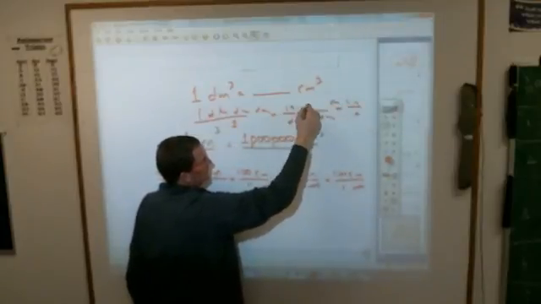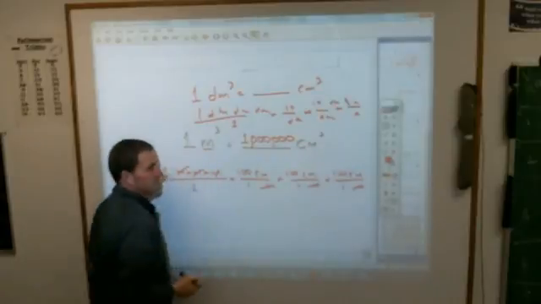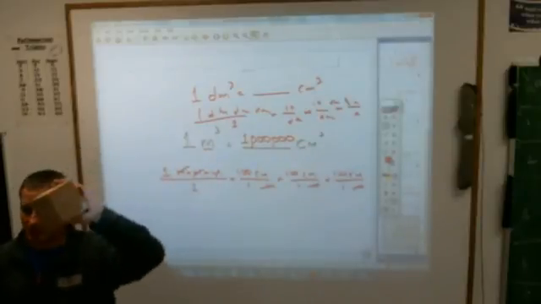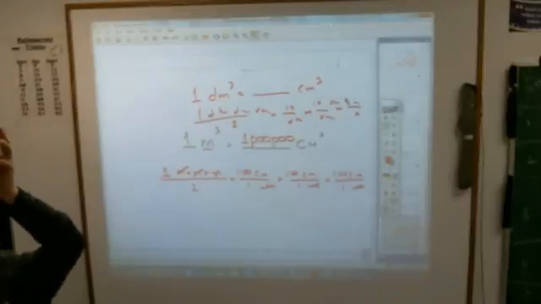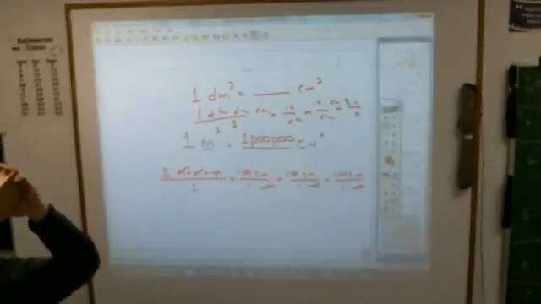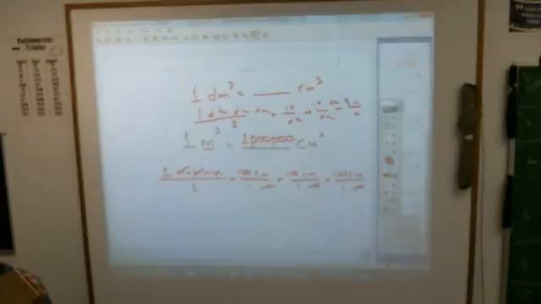How many centimeters? 10 times 10 times 10. What is 10 times 10? How many cubic centimeters are in this thing? 1,000. Which is really what it is. You can see there's 100 on each layer. 10 layers of 100 is 1,000.